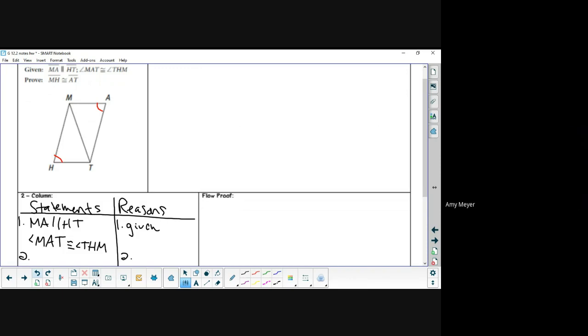So what I suggest for parallel is to extend the line. So let's find MA, make it long, and HT. There are 3 transversals to pick from.